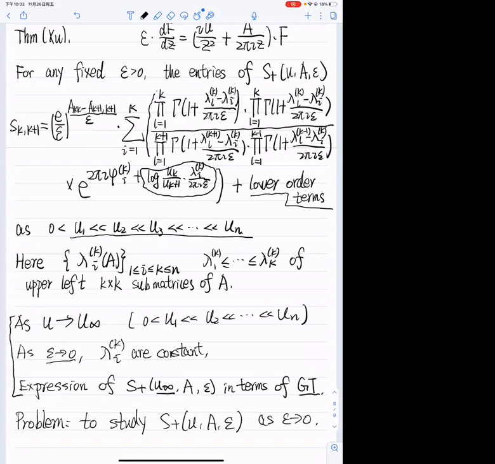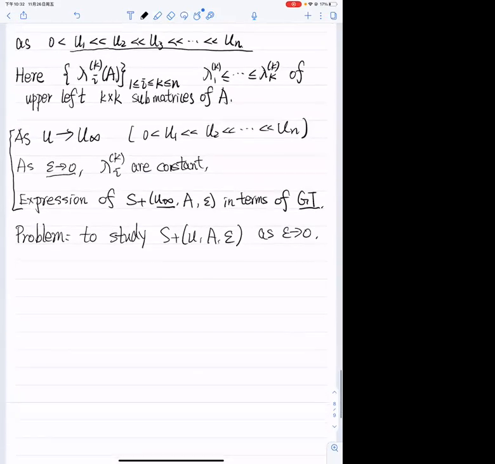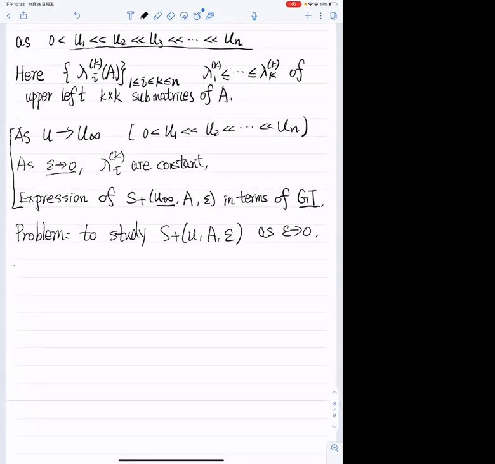Now, based on this theorem, let me give another theorem. Actually, we did this for u near u infinity. This is joint work with Anton and Zhou Yan, a postdoc in our institute.